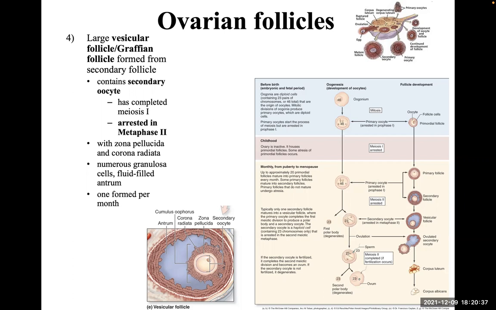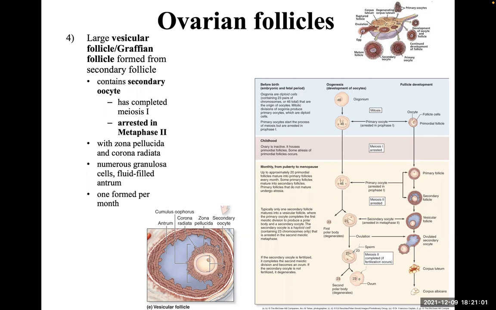They have the 23 chromosomes, but aside from that, they don't contain any of the other structures that would make a cell a functional cell. And again, this contributes to genetic diversity. So only one of these 2 haploids will become the haploid cell that can finish meiosis.